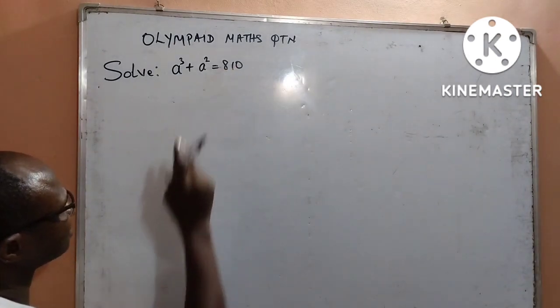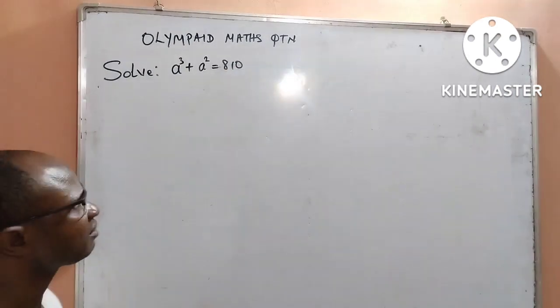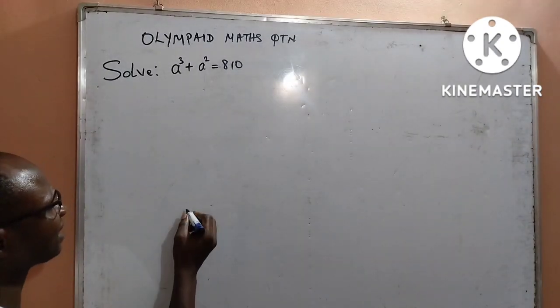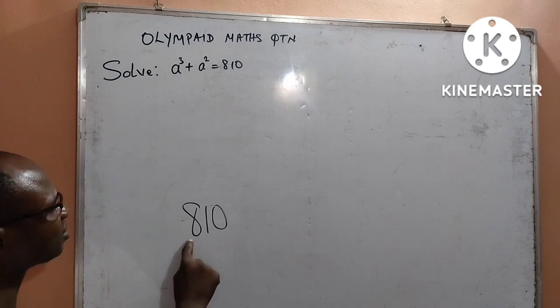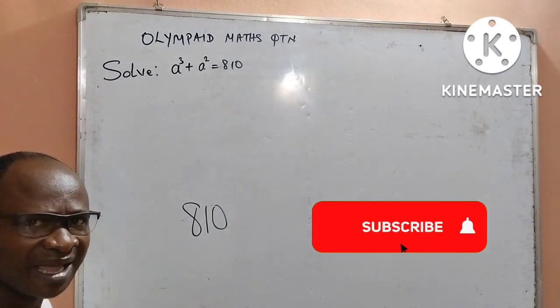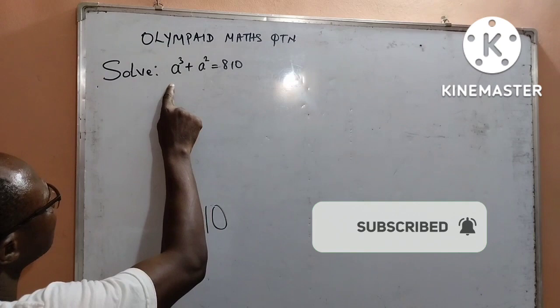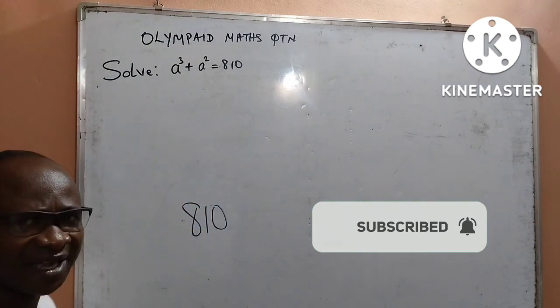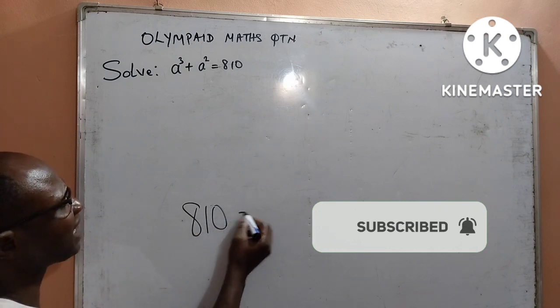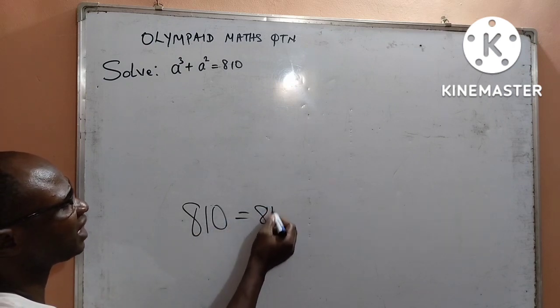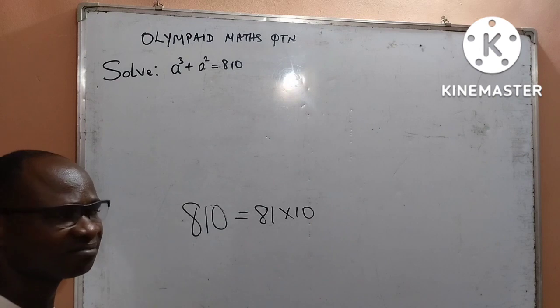We want to start from the right hand side where I am given 810. I want to write this 810 exactly the same way the expression on the left hand side is given to me. That means I can write 810 as 81 times 10.